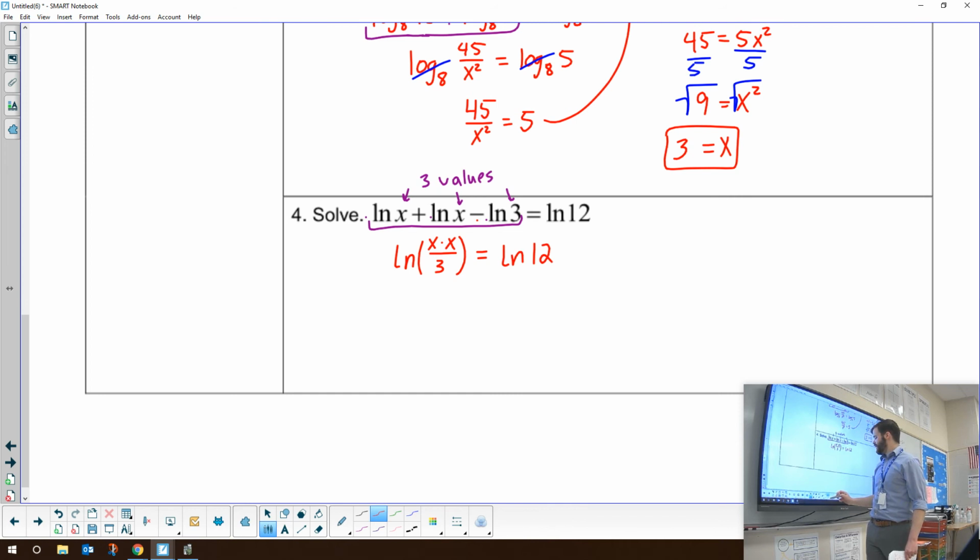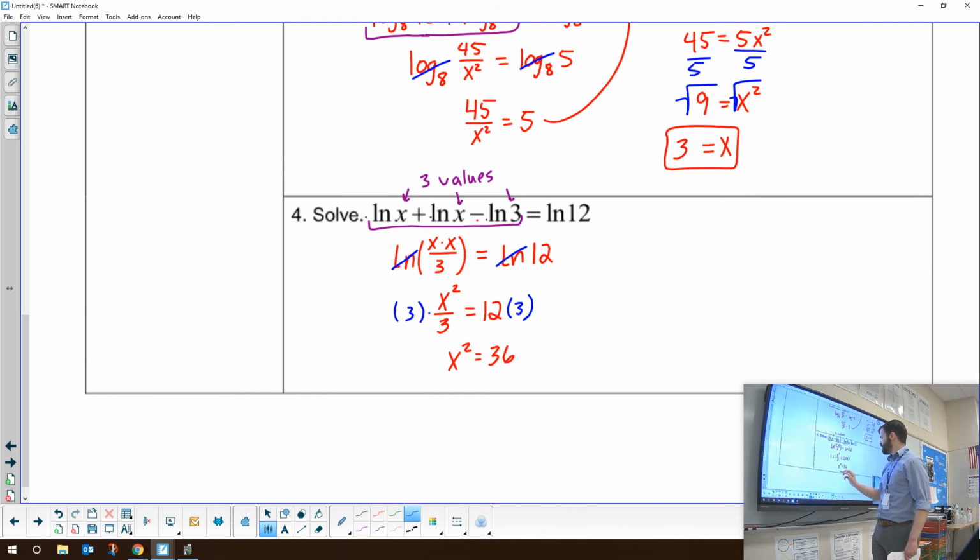Okay, then I have 1 natural log on the left side, 1 natural log on the right side. So all I need to do is cancel these out, rewrite this, x times x is x squared. We're going to go x squared divided by 3 equals 12. Then to solve this, we're going to multiply both sides by 3 to clear out my fraction. That's going to give me x squared equals 36.